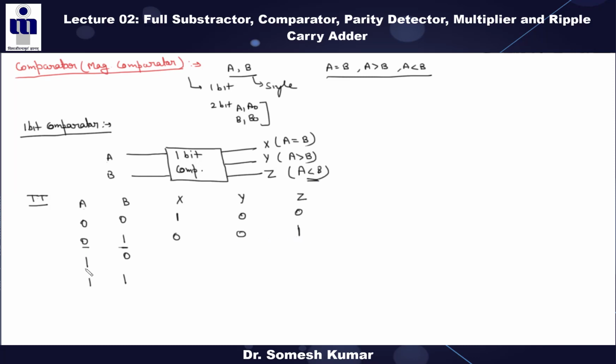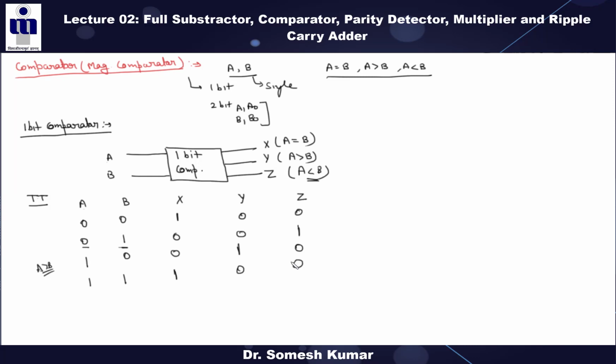In the next case, A is 1, B is 0. It means both are not equal. A is greater than B. Yes, this condition is true, so I can put 1 here and 0 here. In the next case, both A and B are 1, 1. So yes, A equal to B and the other two conditions are 0, 0.